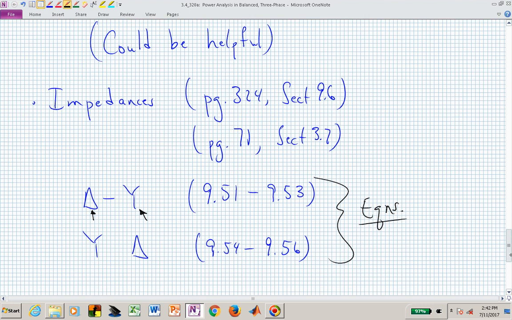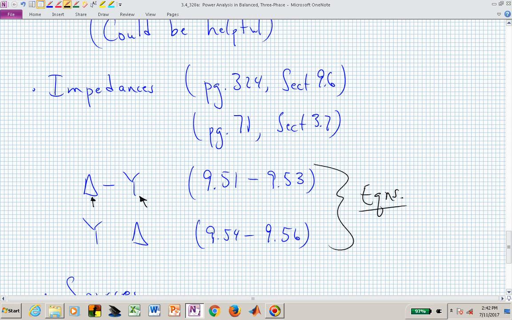If you were presented with a Y connected set of impedances and you wanted to go to a delta interconnection of impedances, then you would use the next three equations, equations 54 through 56 in chapter 9.